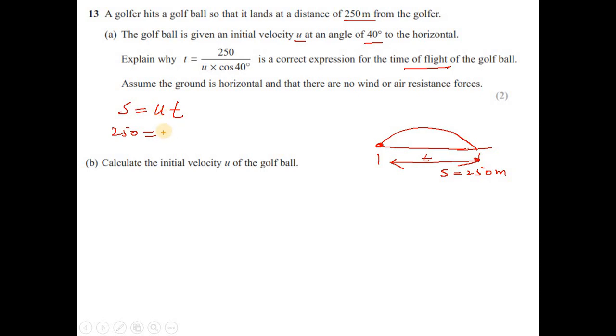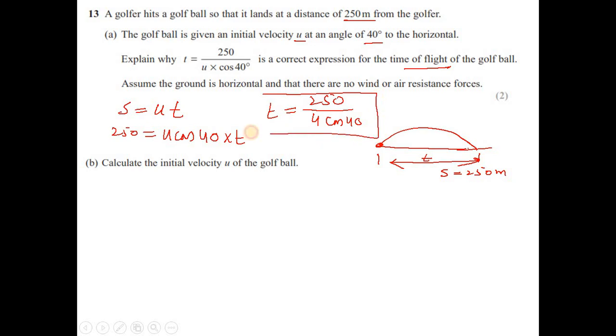In this case this is u cos 40 into t, and if you make t the subject of this equation, t would be equal to 250 divided by u cos 40. This is the required equation for the time of flight.